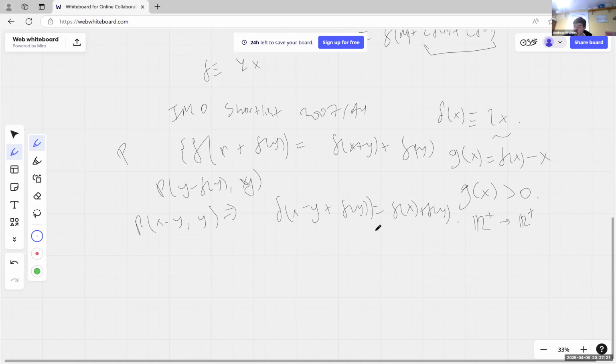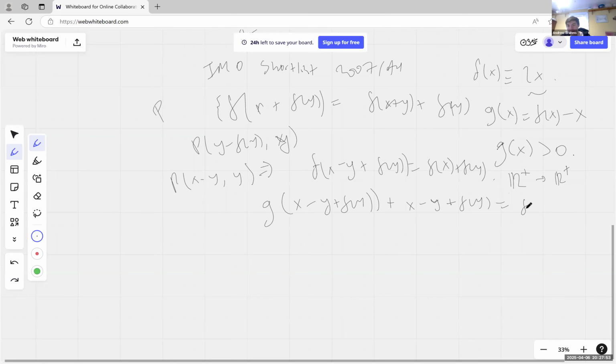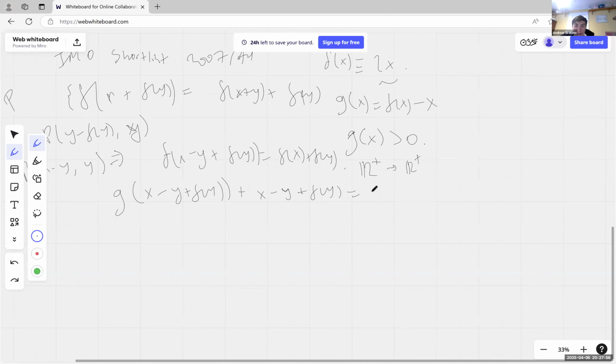And if we substitute f out for g, what we get is g of x minus y plus x minus y plus f of y is equal to g of x plus g of y plus x plus y.